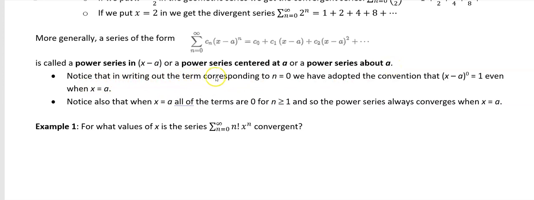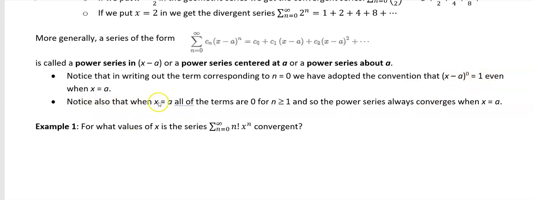Notice that in writing out the term corresponding to n equals 0, we have adopted the convention that x minus a to the 0th power equals 1, even when x equals a. So even when these two would subtract to 0, we still have the convention equaling 1.